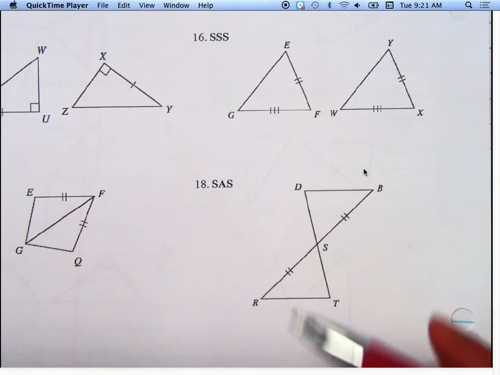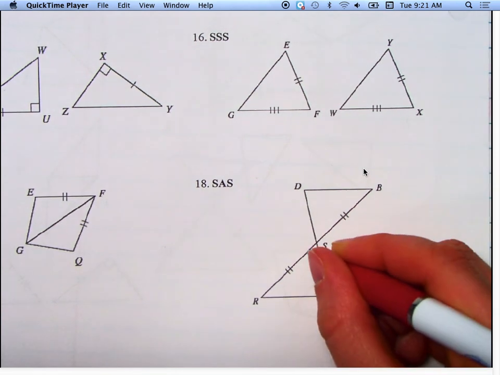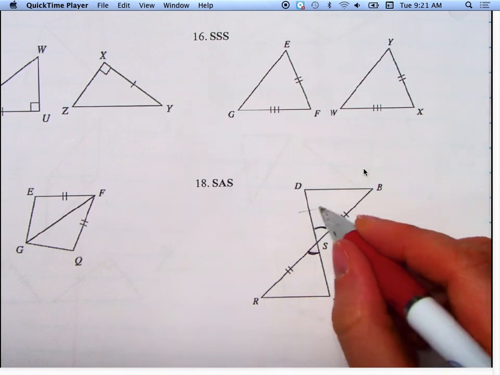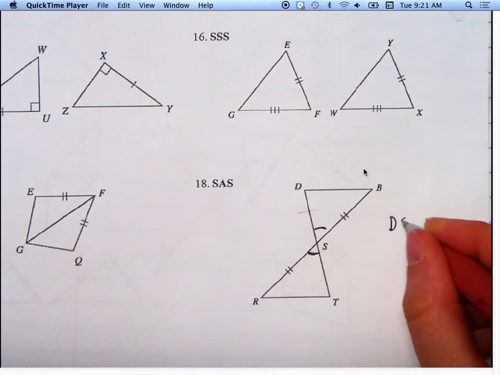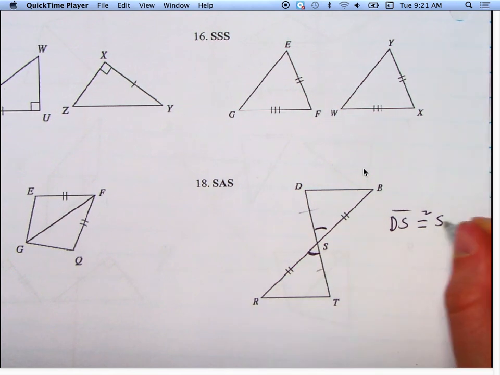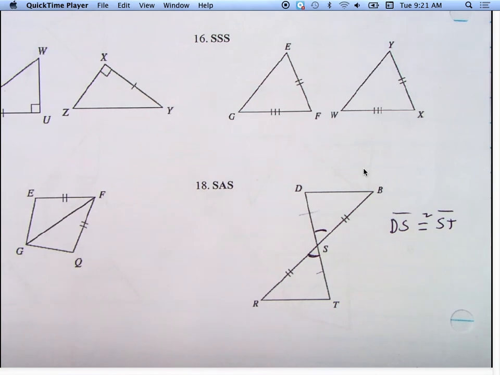Now I know for vertical angles, these are already congruent. So the side I'm missing is DS is congruent to ST. Okay? The back is filling out the missing information. We know vertical angles, so we don't have to say that that angle is missing. But we didn't know those sides. Okay?